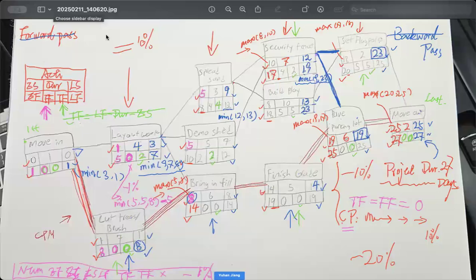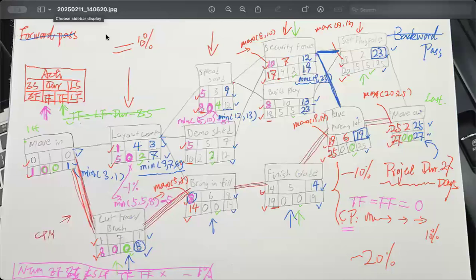Let's continue working on it. You have 8 here, and then you are looking for the following. You have 10 and 8, so that is the minimum from 8 and 10 minus 8, which is 0.